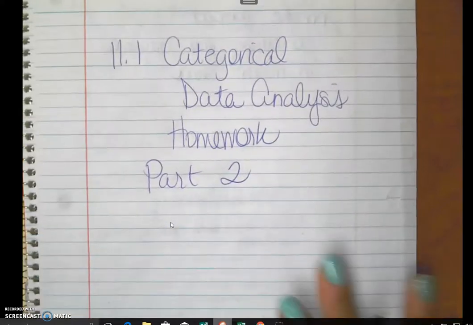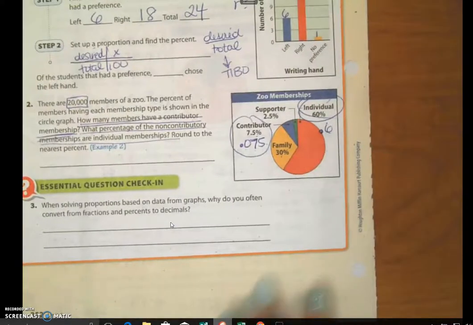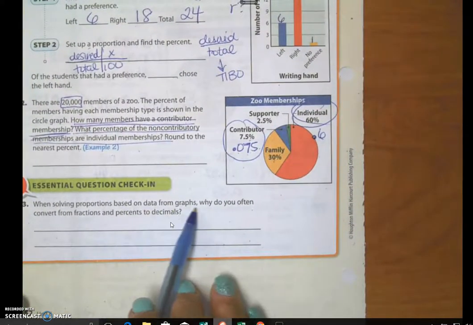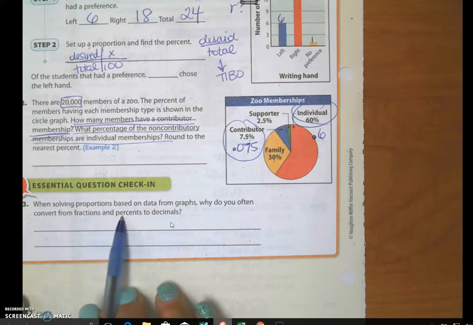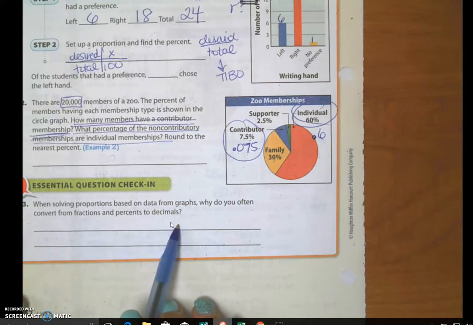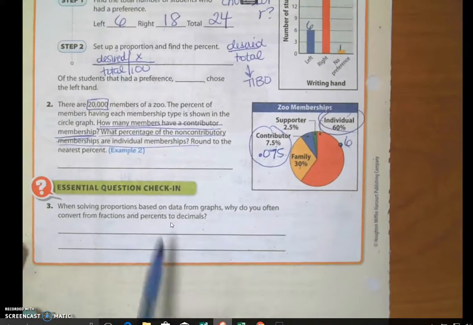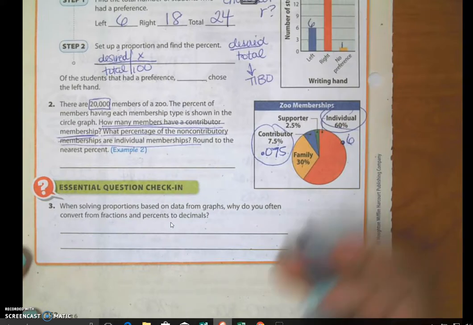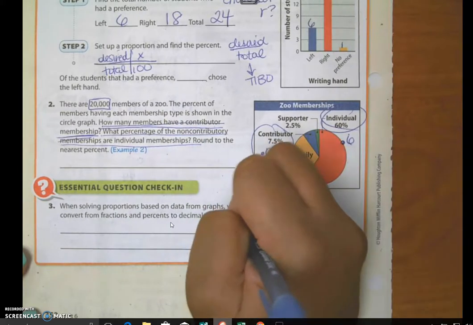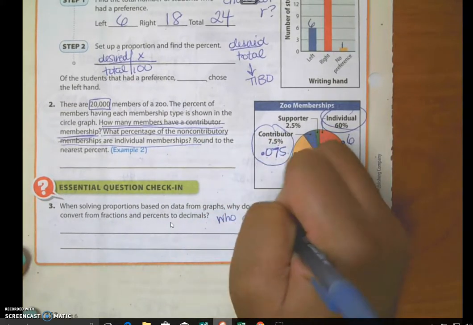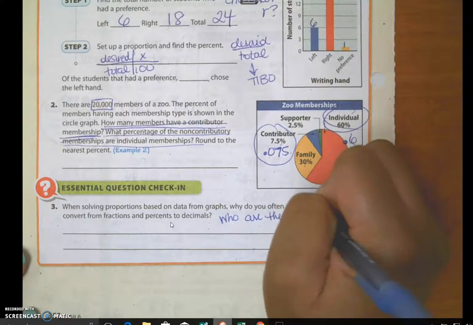Okay, so part 2 for the rest. When solving proportions based on data from graphs, why do you often convert from fractions and percents to decimals? Well, why do we do this? Who did I say the triplets were? Who are the triplets?